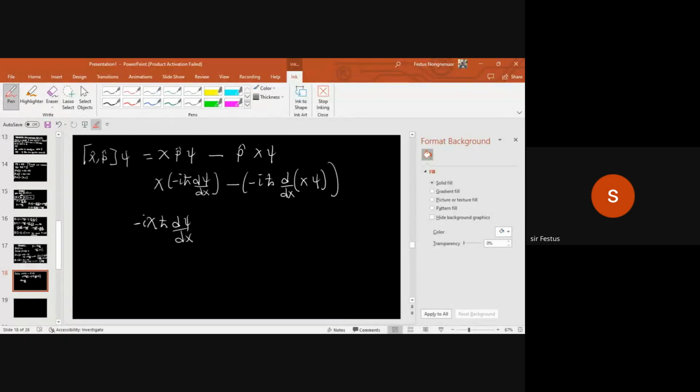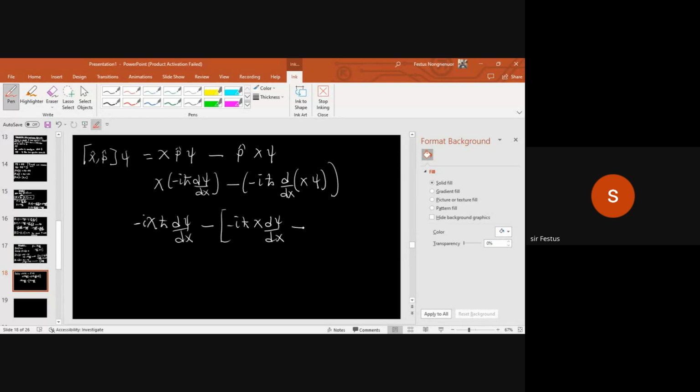And this will be minus in bracket. Let's follow the product rule of differentiation here. We keep x as constant and we differentiate psi. So that would be x, d psi on dx. Then we differentiate x with respect to itself, so plus, but it's negative here, so negative times plus will be negative.